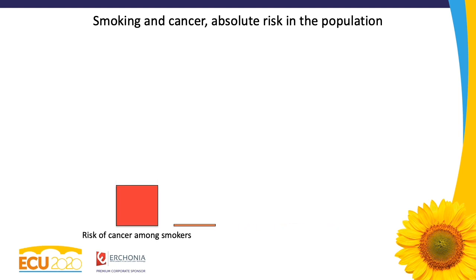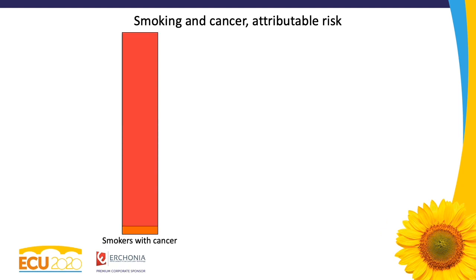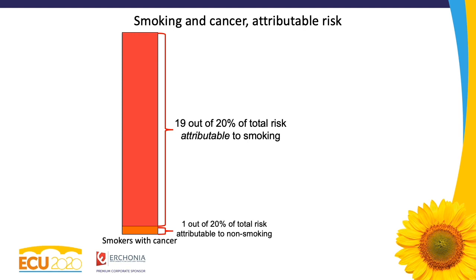So if we put those two values together and we look at just the people who smoke and get lung cancer, if we have a person who smoked and got lung cancer, we could say 95% of his risk, or 19 out of 20% of the total risk, is due to the smoking. And that 5%, or 1% of the total of 20%, which is 5% of 100%, would be attributable to him if he had not smoked. So 19 out of 20 of the cause of the lung cancer would be eliminated if the smoking goes away.